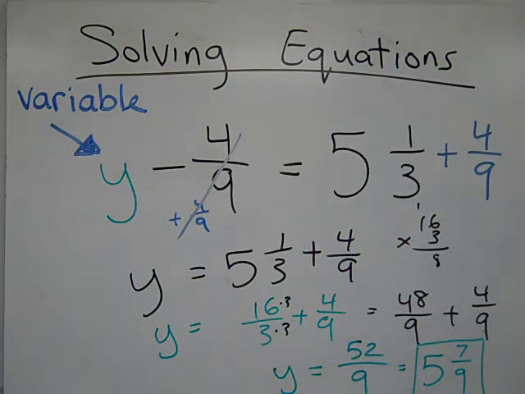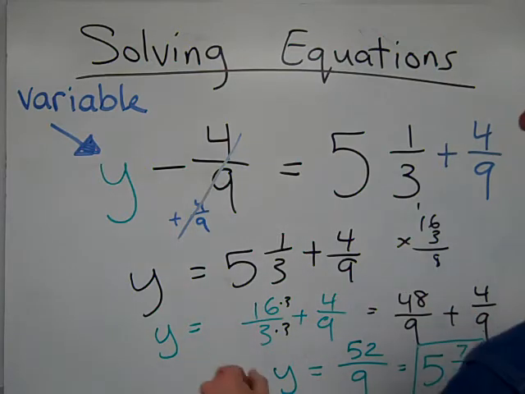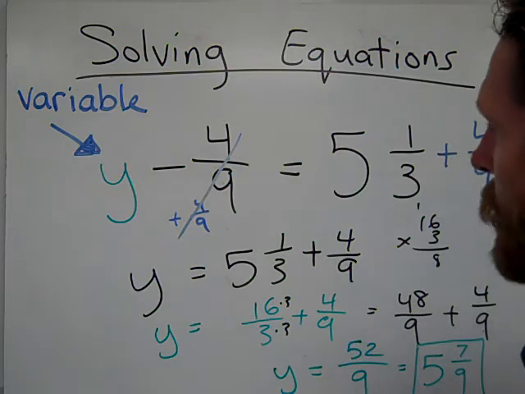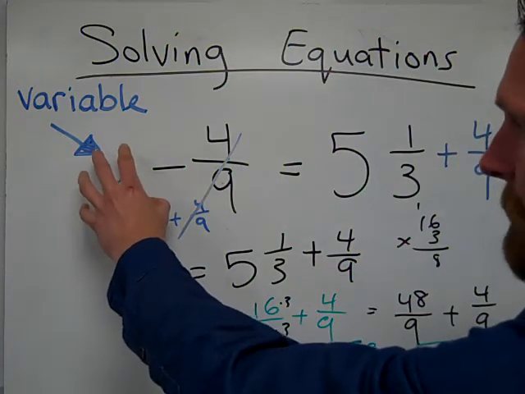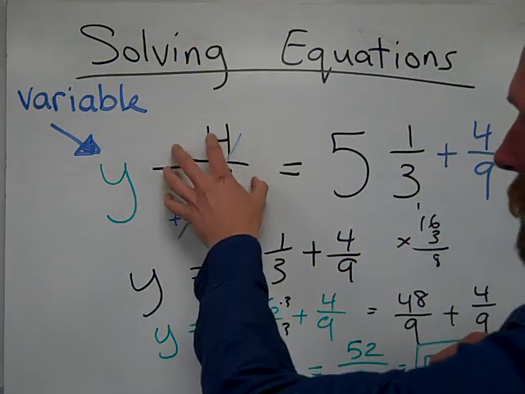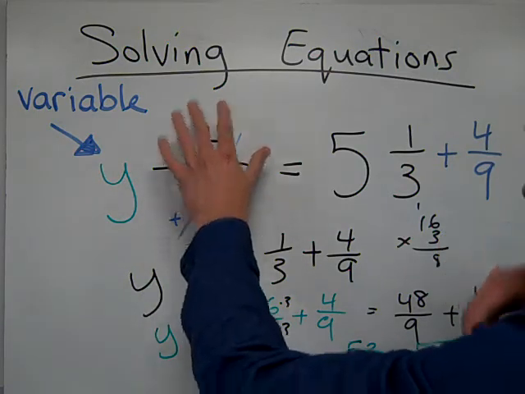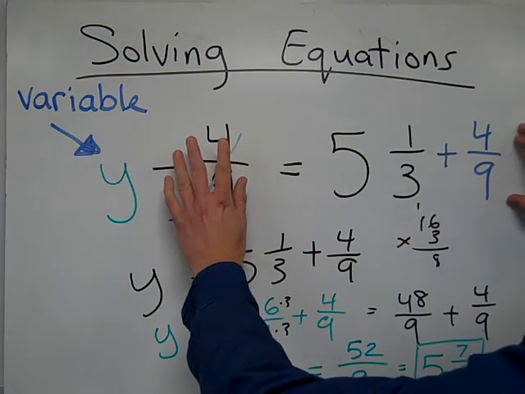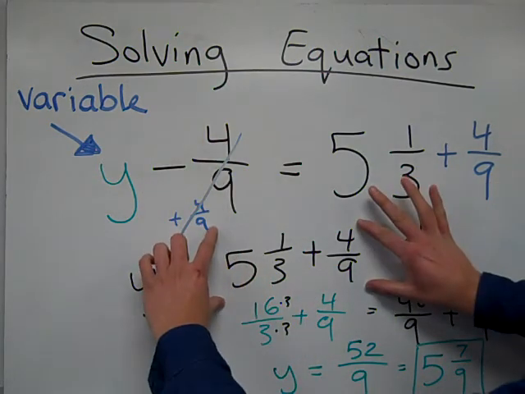Alright. So, real quickly, let's review it. We have y minus 4/9 equals 5 1/3. We need to isolate the variable, get it by itself on this side of the equal sign. So we do the opposite operation to get rid of this, and then do the same thing on this side. So now we have y equals this equation.